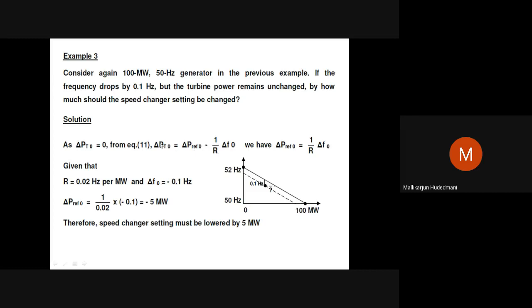So when the turbine power is not going to be supplemented for these changes by governor action, there is no shift there, only a shift from the reference set point. If I transfer one to the other side, 0 equals delta P reference minus 1 by R into delta F. So P reference has to be proportionally controlled to the deviation. We already know R equals 0.02 hertz per megawatt.